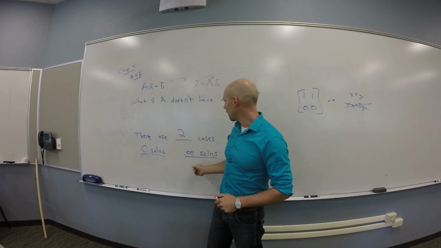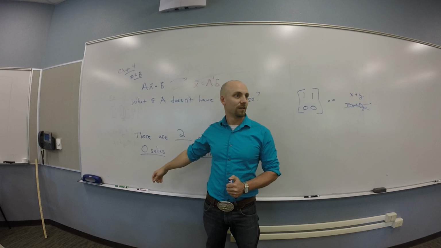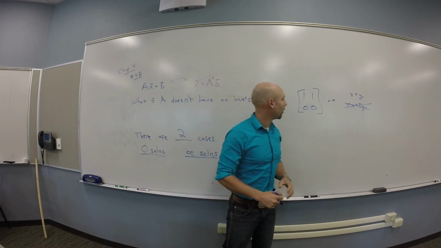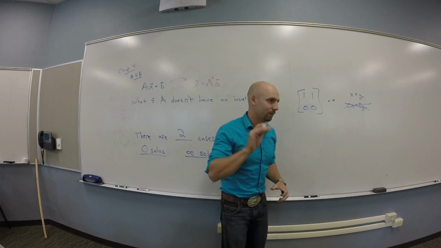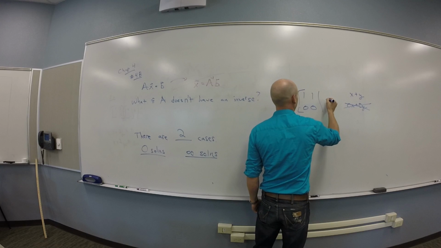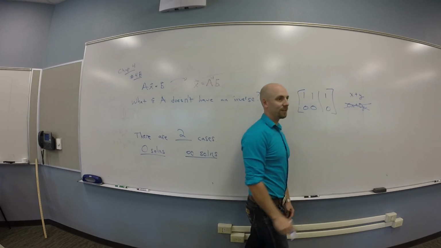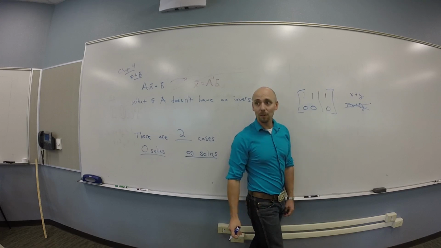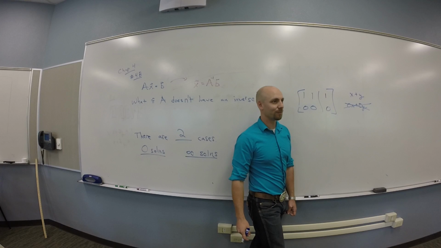The other option is the 0 solutions case. And really, I should have augmented this, so let me augment this. I should walk back a little bit of what I just said.